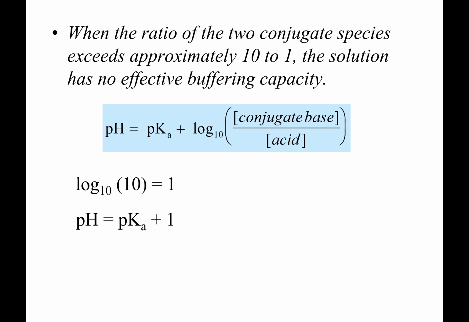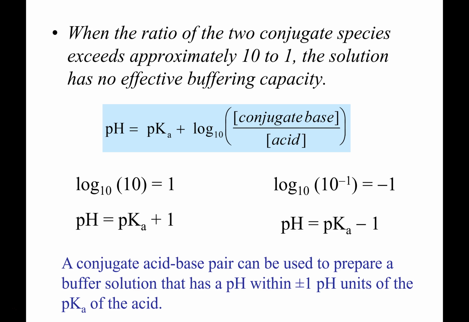The log of 10 becomes 1, so your pH is going to be your pKa plus 1. If you have 10 times more acid than you do base, then you're going to have a ratio of 0.1. The log of 0.1 is -1. And so applying the Henderson-Hasselbalch equation, pKa minus 1 is what you're looking at for what the pH will be of that buffer solution.